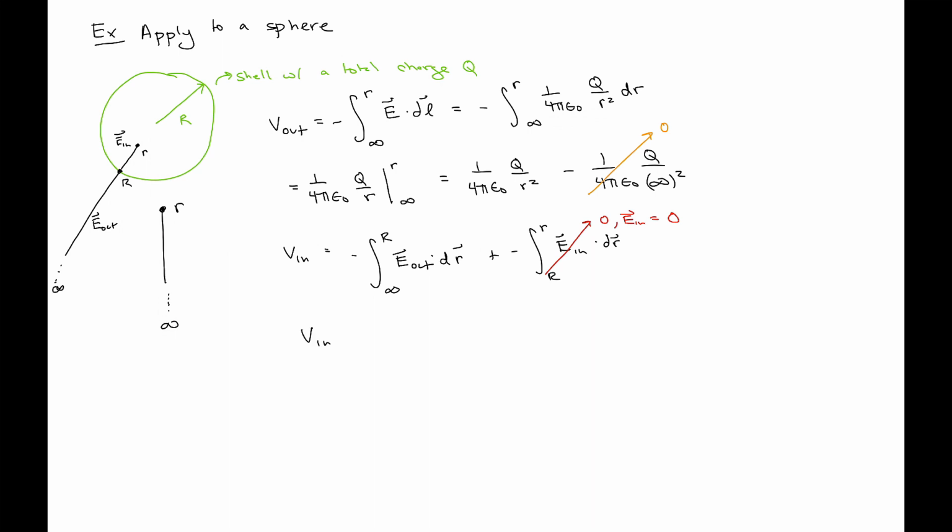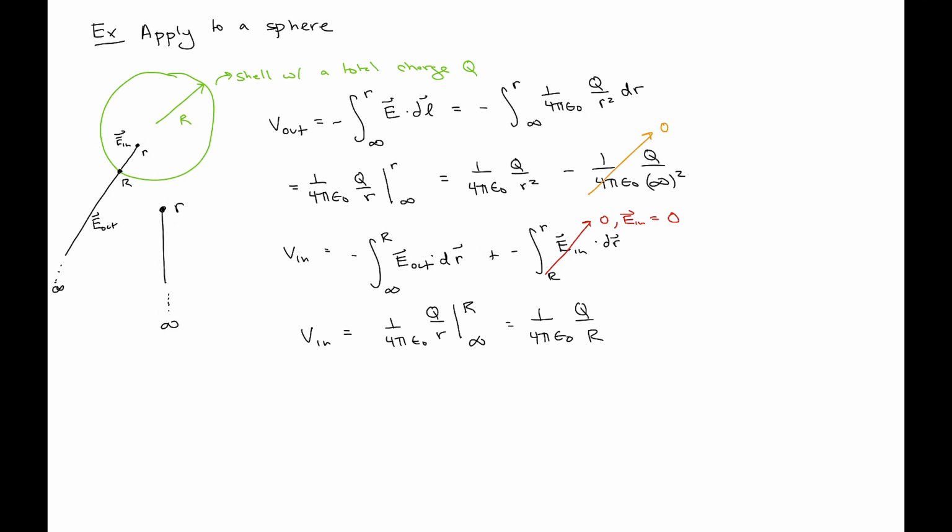So V out ends up being 1 over 4 pi epsilon naught, Q over R. I'm going to evaluate this from R to infinity. Sorry, I got a sign error here. That gives me 1 over 4 pi epsilon naught Q over R. This is good.